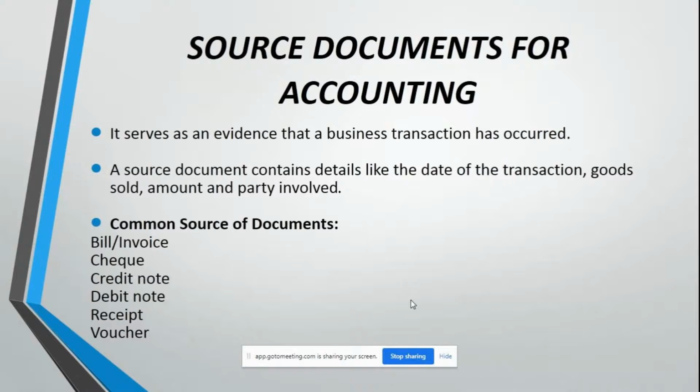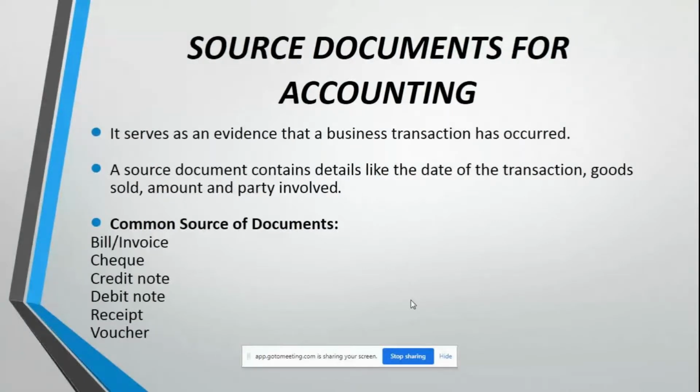So whenever you check an invoice, what do you find mainly over there? The date of the transaction, the invoice number, the supplier's name and address, the description of the goods, the value of the goods, and the tax amount involved. That's nothing but CGST, SGST, right? All this forms part of an invoice.